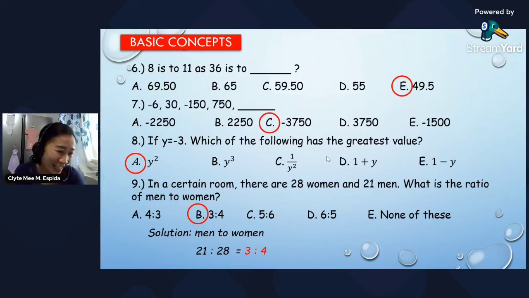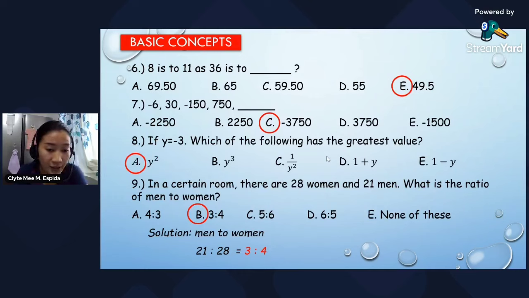Congratulations to those who answered letter B and those who realized that the ratio is men to women. So the common factor between 21 and 28, thank you so much, Miss Maria Isabel, is 7. 21 divided by 7 is 3. 28 divided by 7 is 4.